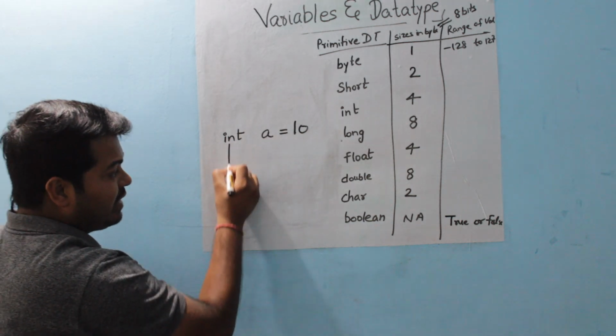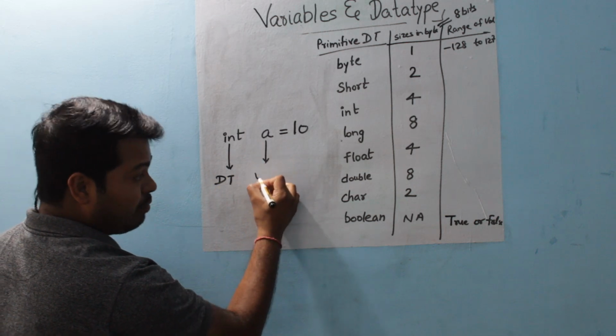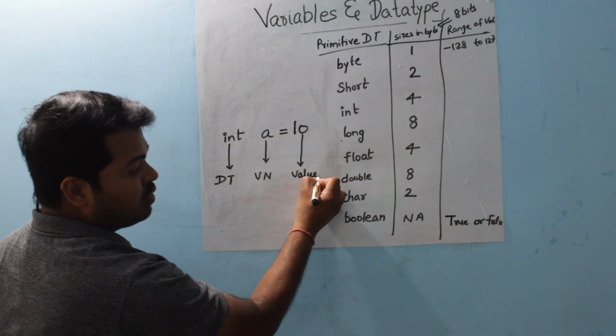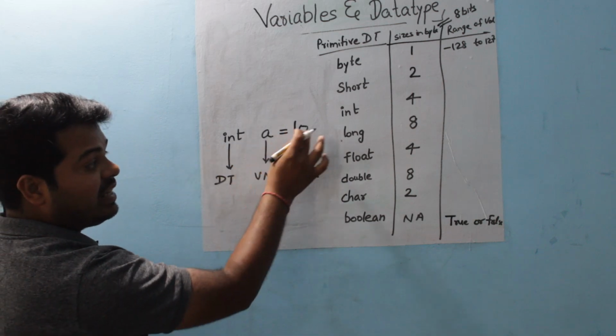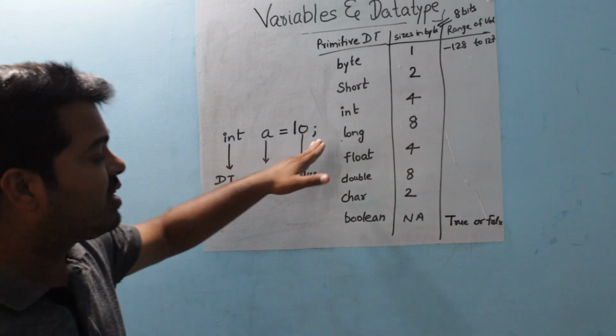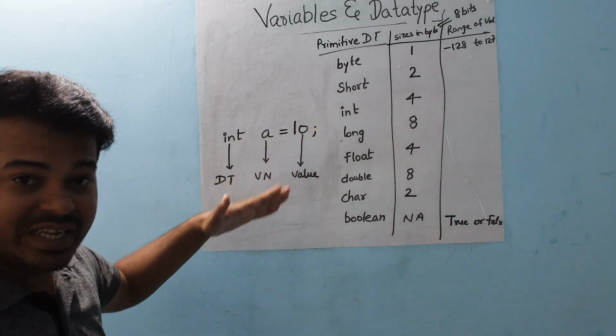So this is my data type, this is my variable name, and this is my value. To end this line, you have to put a semicolon to make Java understand that this line is completed. Then you can go to the next line.